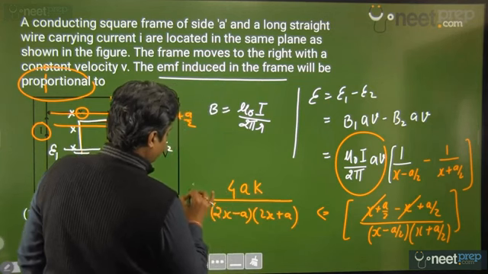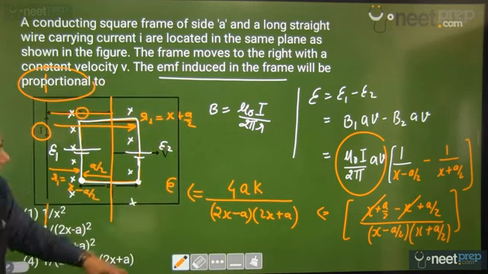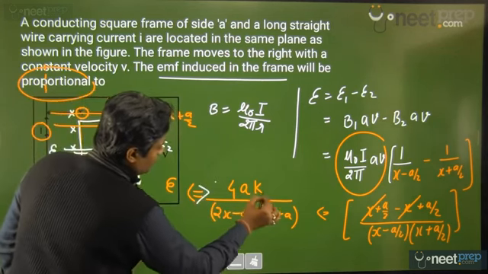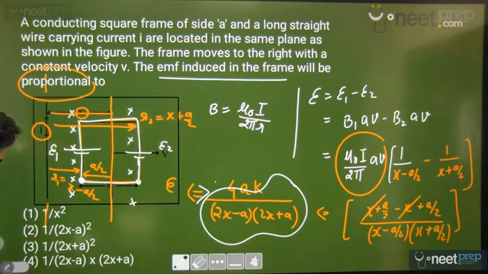So this will be your EMF. Clearly, my dear students, you can see that EMF is proportional to 1 upon 2x minus A into 2x plus A.